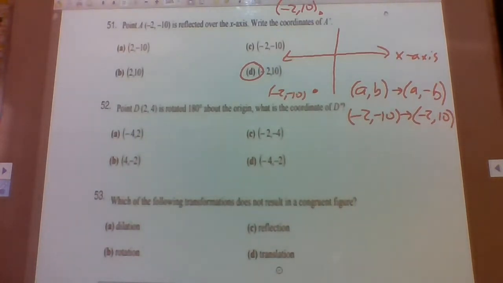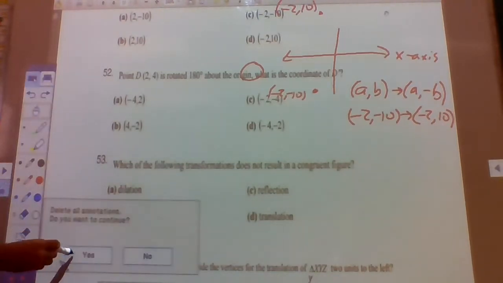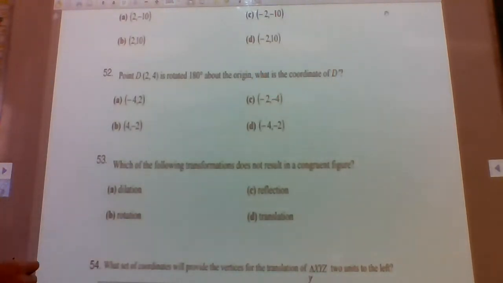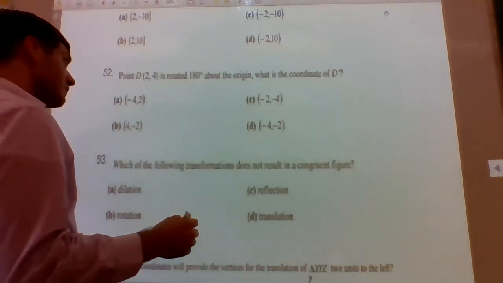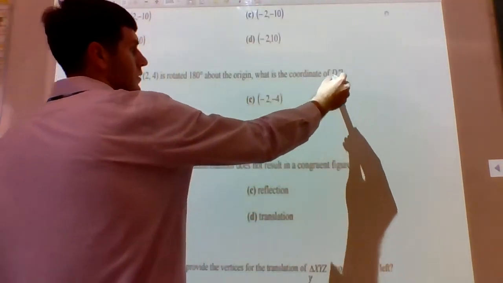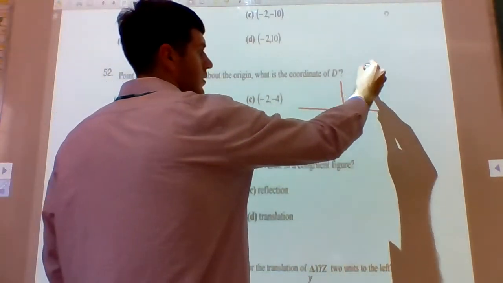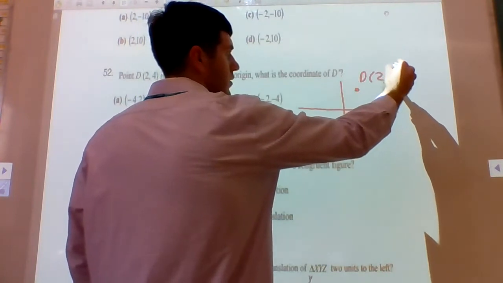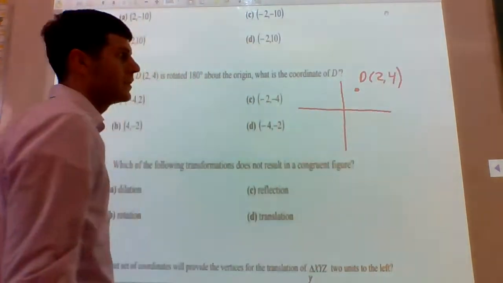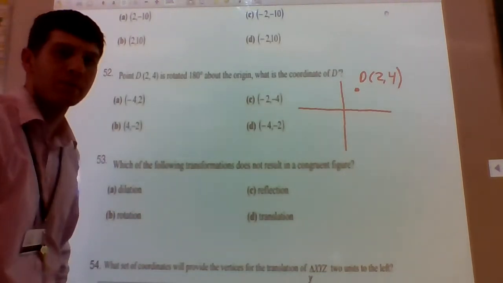52. Point D, 2, 4, is rotated 180 degrees about the origin. What are the coordinates of D prime? We want to rotate it 180 degrees. Well, the rule for rotating 180 degrees is we're just going to flip the signs.